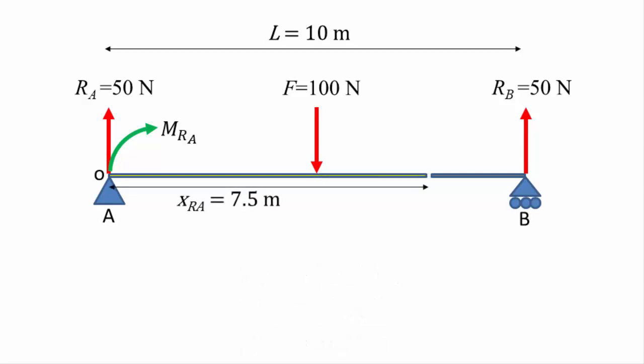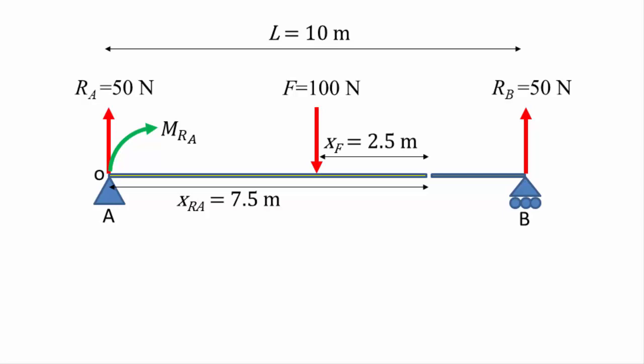For our next point to cut, we'll go to 7.5 meters. From here we can see two forces, Ra and the load F between 0 and 7.5 meters. Ra is at a distance of 7.5 meters from the cut, and since the applied force is at the center of the beam, then it is a distance of 2.5 meters from the cut.